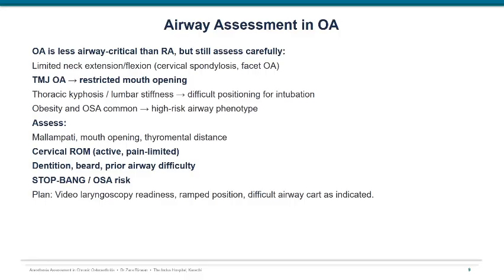The cervical range of motion is very important. We need to assess whether it is active or pain limited. Dentition, beard, prior airway difficulty, if there is any, or STOP-BANG and OSA risk has to be assessed. In case of any anticipated difficult airway, we need to prepare the video laryngoscope, ramped positioning, and the difficult airway cart should be ready.